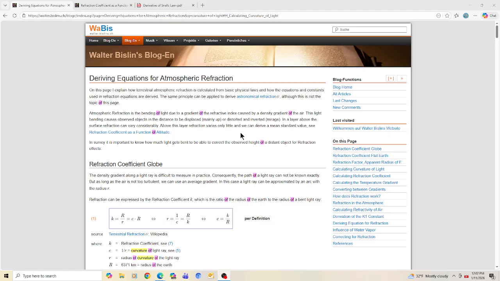Now, the term gradient really tends to be misused by the people pushing this. And as far as the equations go, a gradient should be confined to the assumption that from a given point, and let's say it's the edge of space with a refractive index of 1.00000, descending down to the surface of the Earth, which has a refractive index of 1.003 approximately.